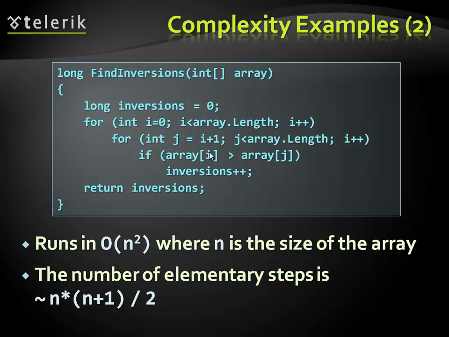And the number of steps you do is different. The number of steps you do is given by the mathematical formula for the sum of an increasing sequence. Because you have n plus n minus 1 plus n minus 2, etc. That's actually a decreasing sequence. It doesn't matter.